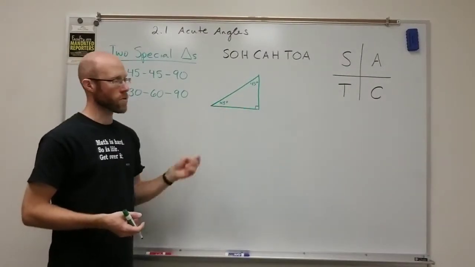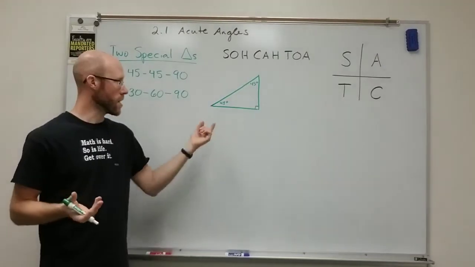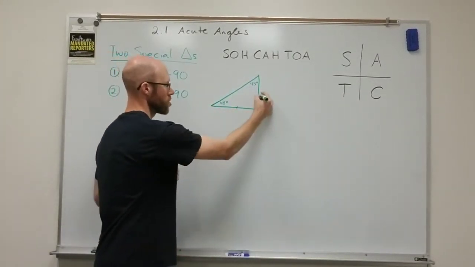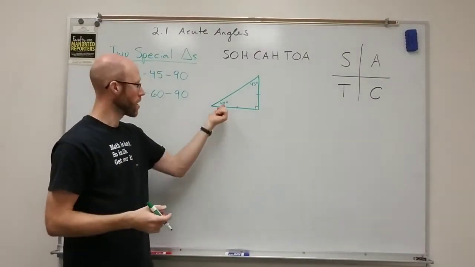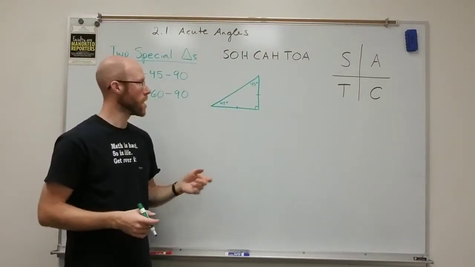So in a 45, 45, 90 triangle, the sides can be anything as long as they follow the Pythagorean theorem. But I do know that the two legs are going to be congruent or equal in length because the opposite angles are congruent, okay?